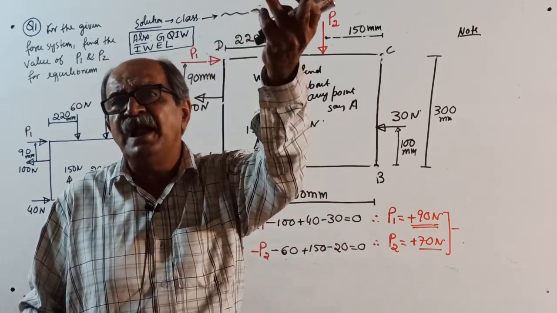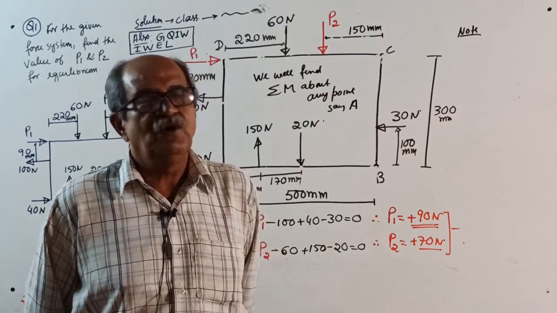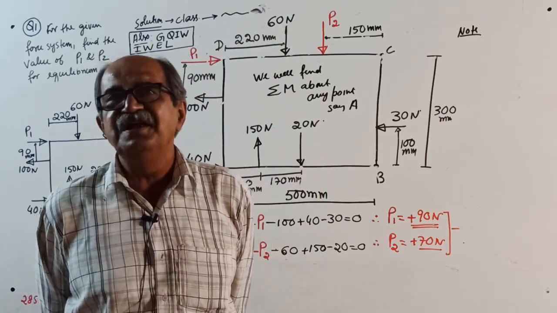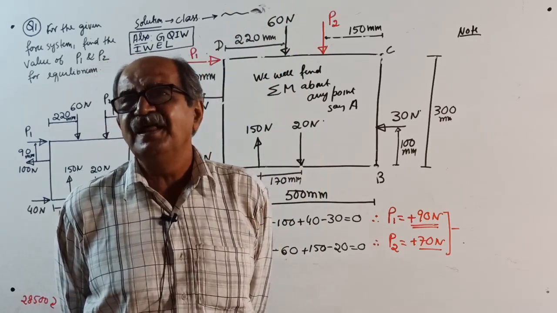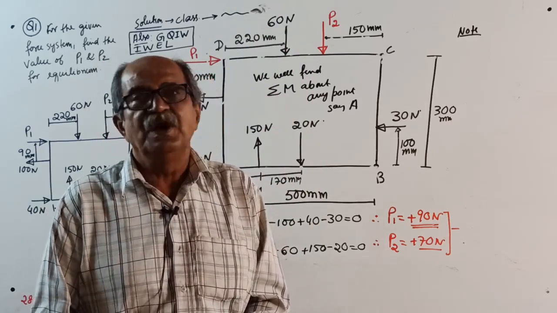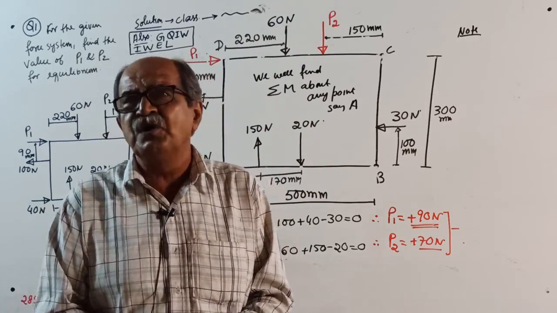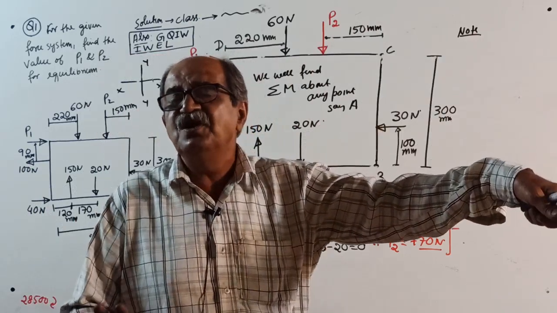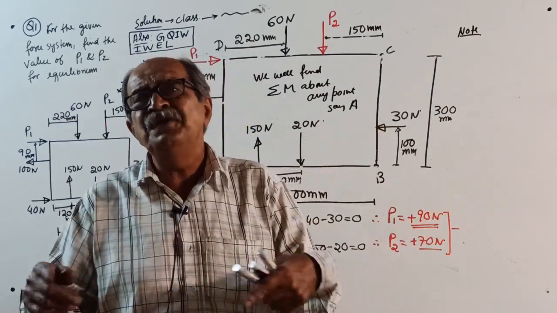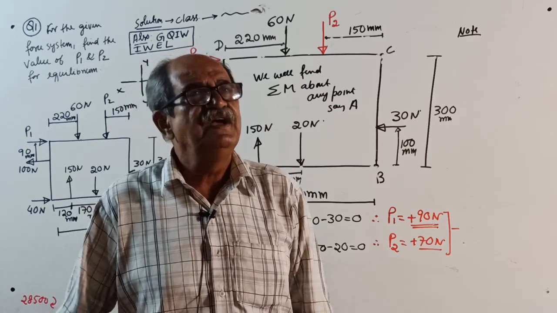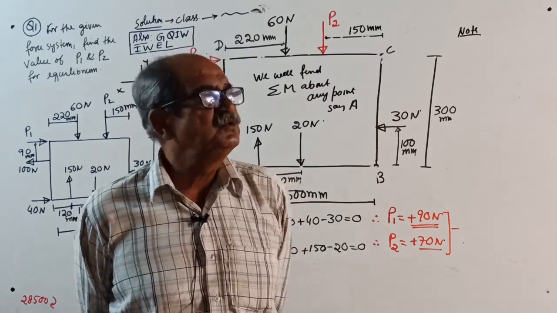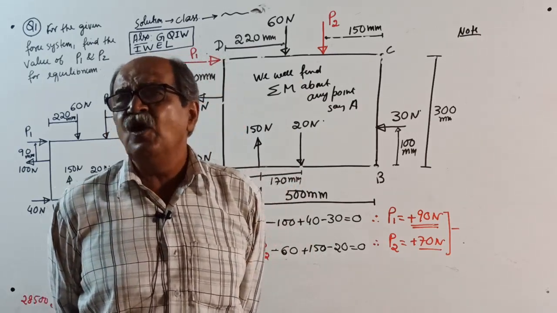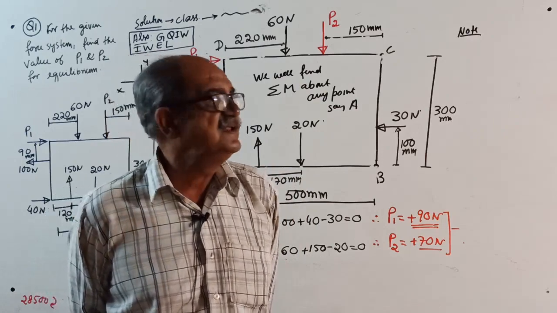Later, it will become statically indeterminate. But for three conditions, if two unknowns are there, it is nonsense. So the number of unknowns should be either equal to the conditions, good, or more, which means you can't solve using conditions. It can't be lesser. At any cost, unknowns cannot be less than conditions.